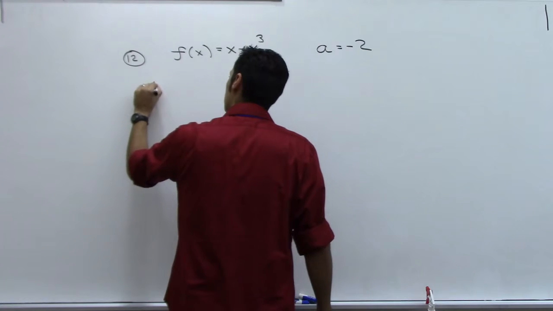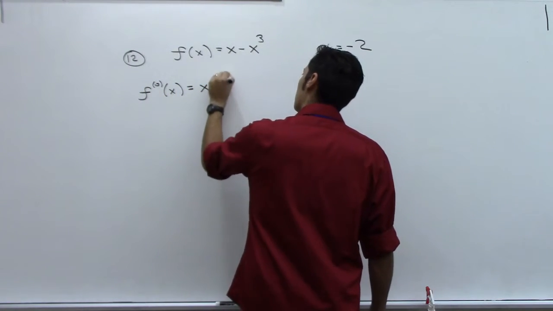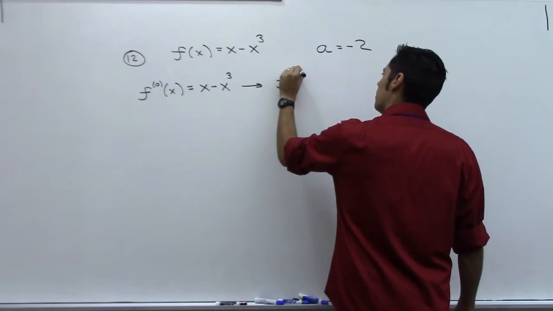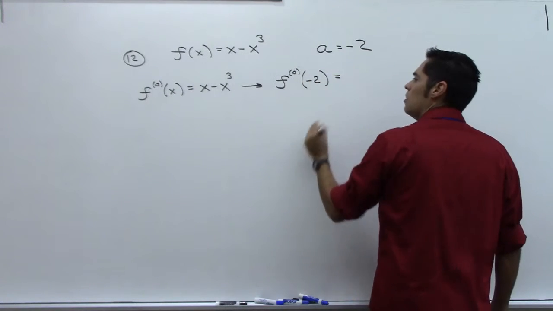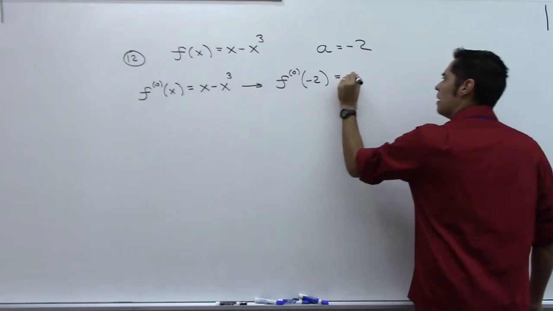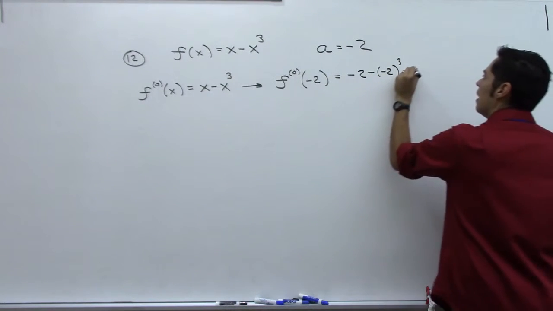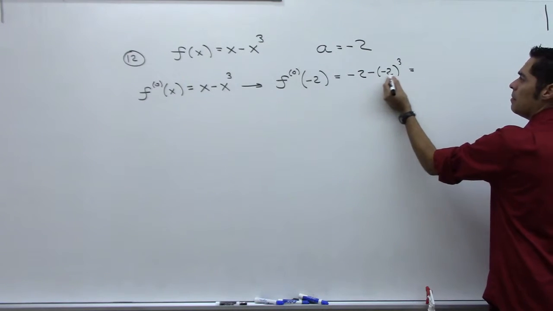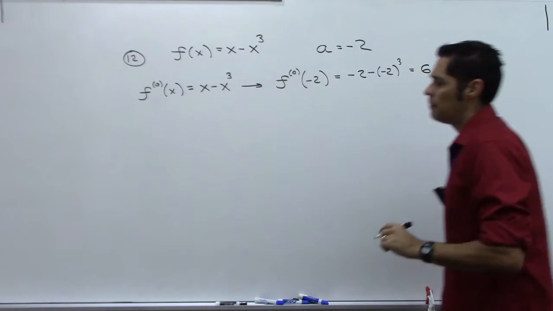So the 0th derivative of this function is just the function itself. Now what I need to do is look at the 0th derivative at negative 2. So when I plug in negative 2, I get negative 2 minus negative 2 cubed. This right here is negative 8, but then I'm subtracting it, so positive 8. So this is a 6.